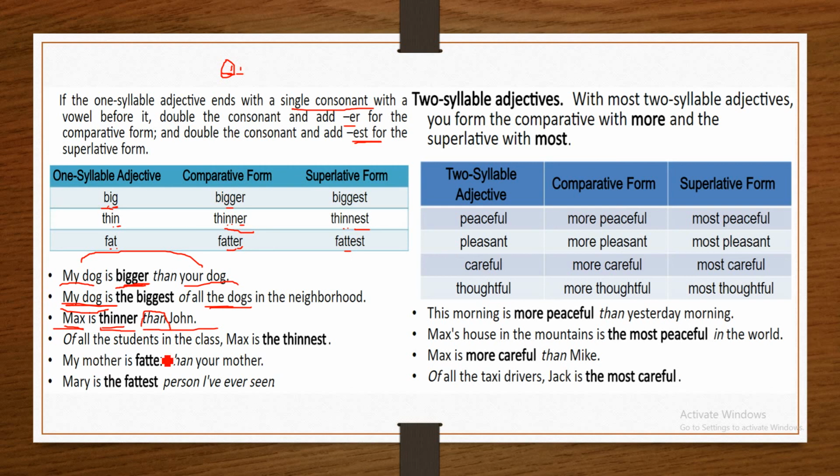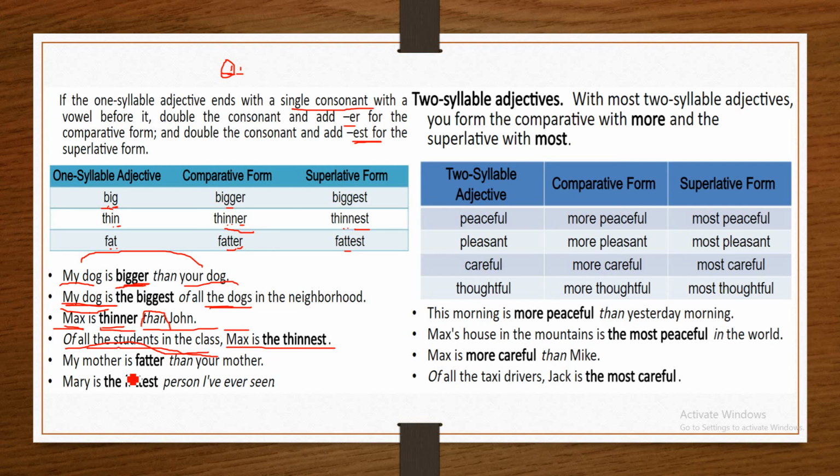Of all the students in the class, a group of students, Max is the thinnest. How do you know it is a superlative adjective? Because it is compared to a group of students. Max is compared to a group of students in the class.